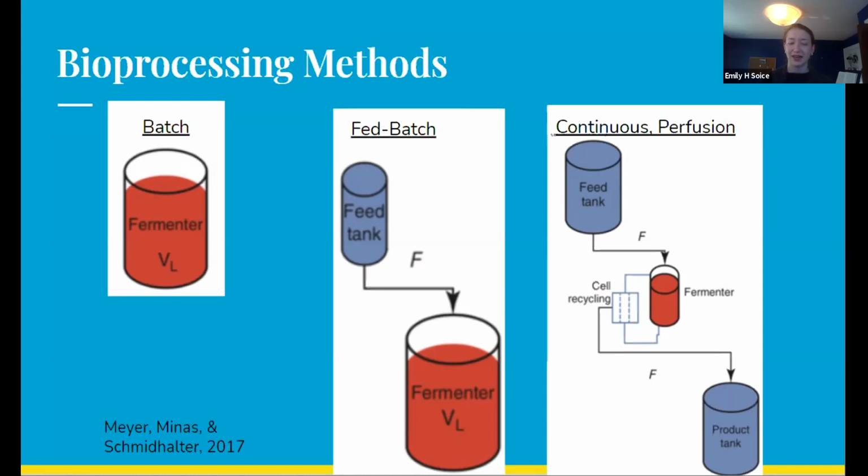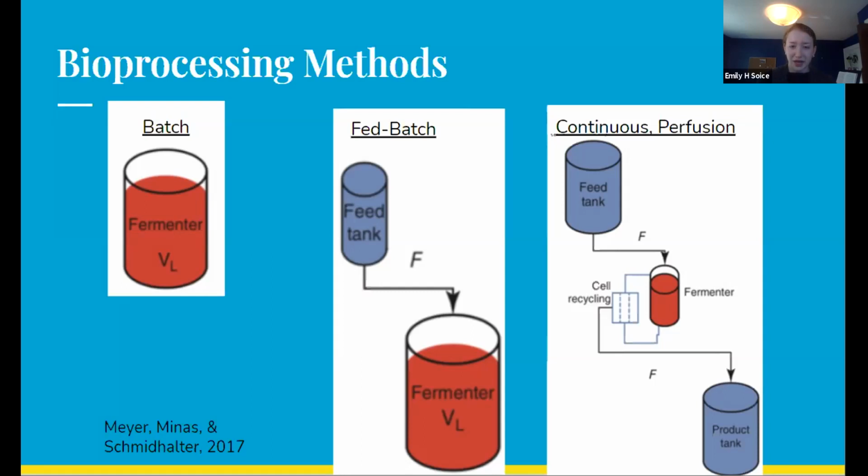So the first way you can categorize them is how you're feeding the cells, or what flow of material there is around cells. So the easiest way to have flow of materials is just have a batch fermentation, where you put in a given amount of media, you put in a given amount of starter cells, and grow that until the batch is ready.